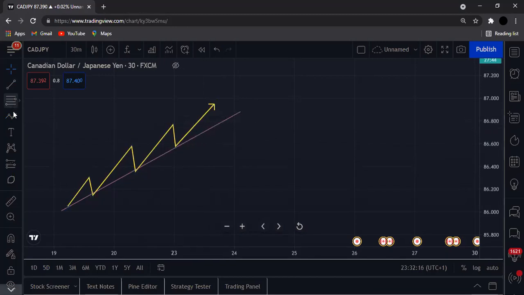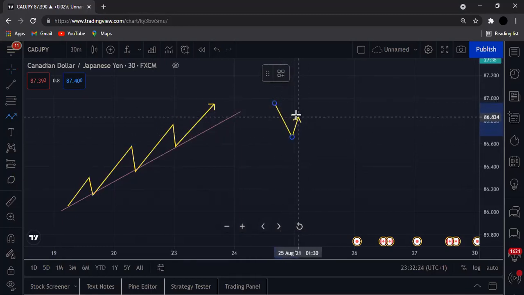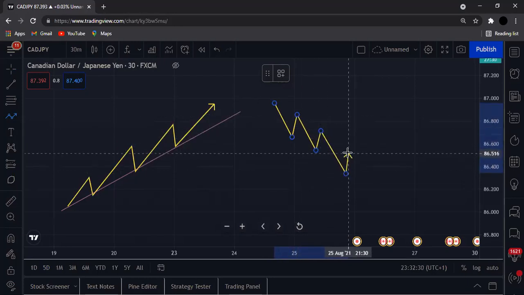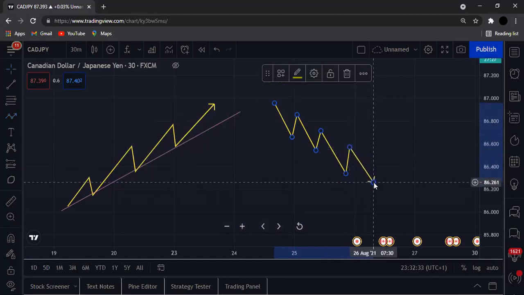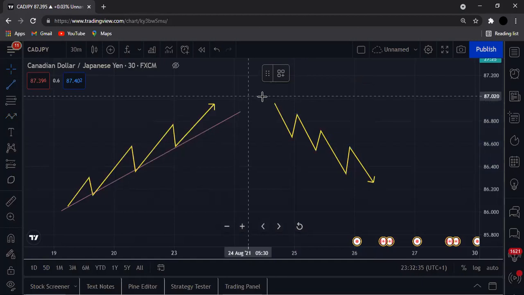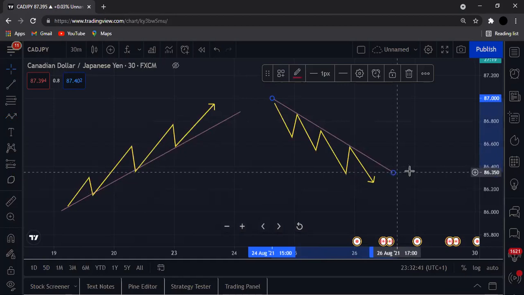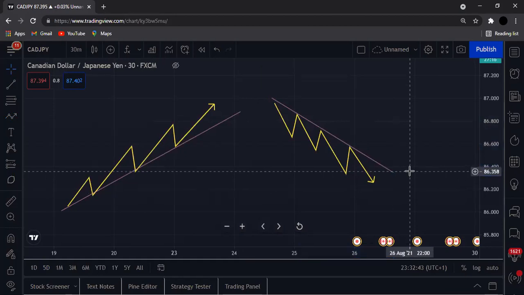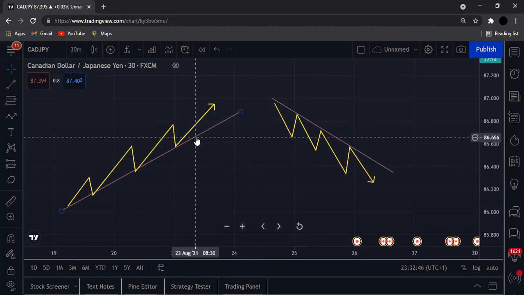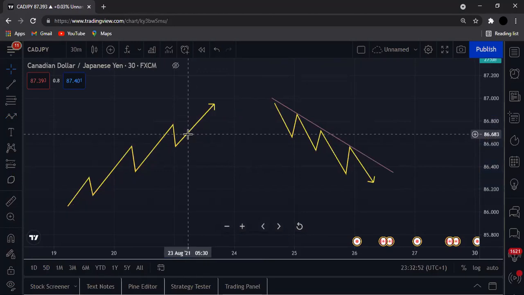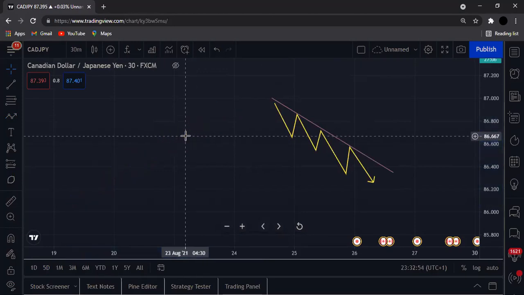So this is a support. You can have it the other way, and this is the resistance. So a slanting support or resistance can also be called a trend line.